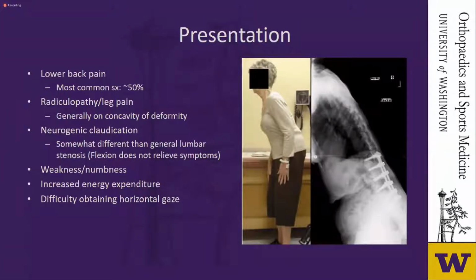And just touching briefly on this image of the patient on the right, as you can see, she has her knees bent. She has her center of gravity forward, away from her center of femoral heads. And this position overall increases the energy expenditure and difficulty with horizontal gaze.